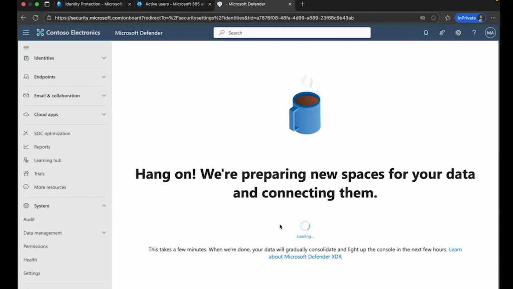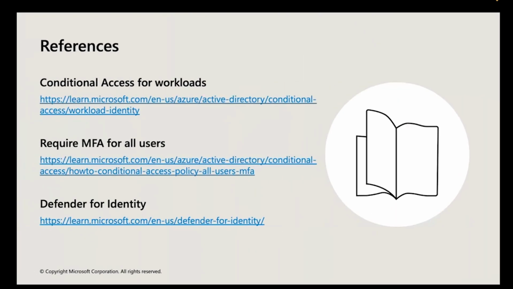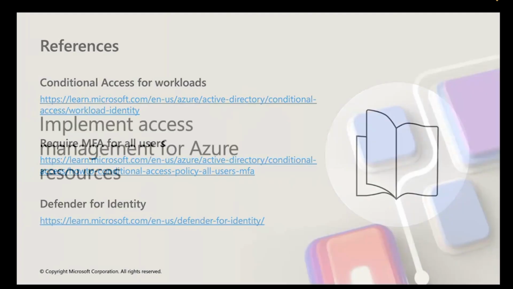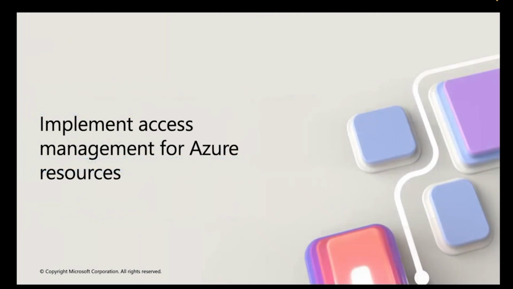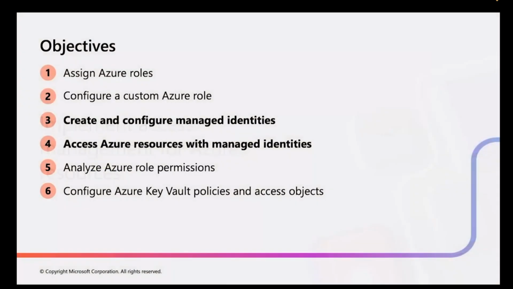Okay. So this is what we have now. What next? We have to implement access management for Azure resources. For this, we have different objectives, and many of them we have already completed in our previous discussions.